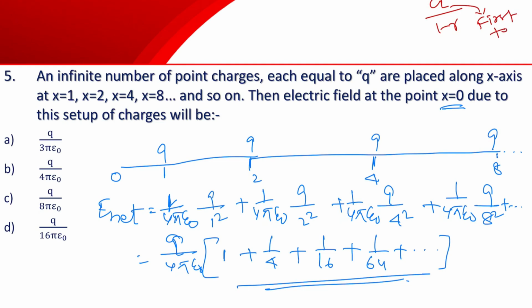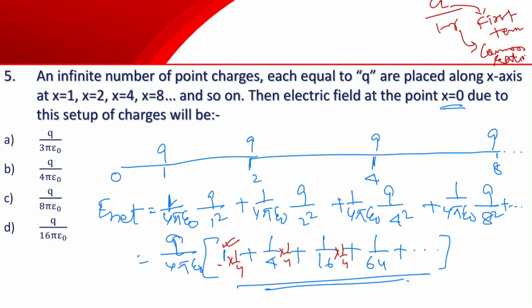Here a is the first term and r is the common ratio. In this case the first term is 1 and the common ratio is 1 by 4. If you multiply 1 by 4 with the first term, it gives the next; multiplying again gives the next. So the common ratio is 1 by 4.